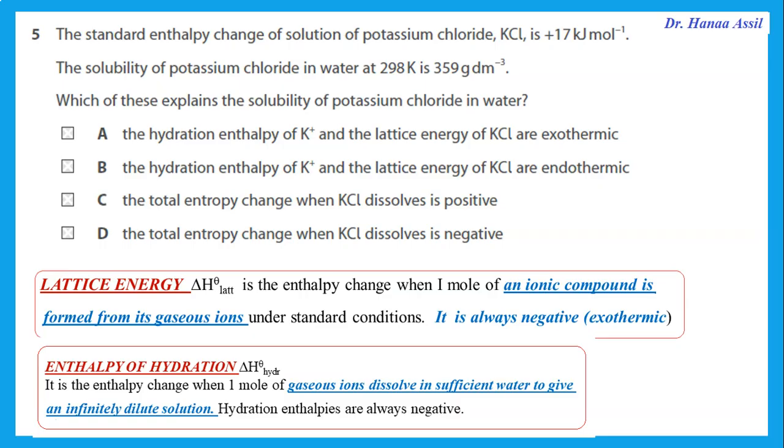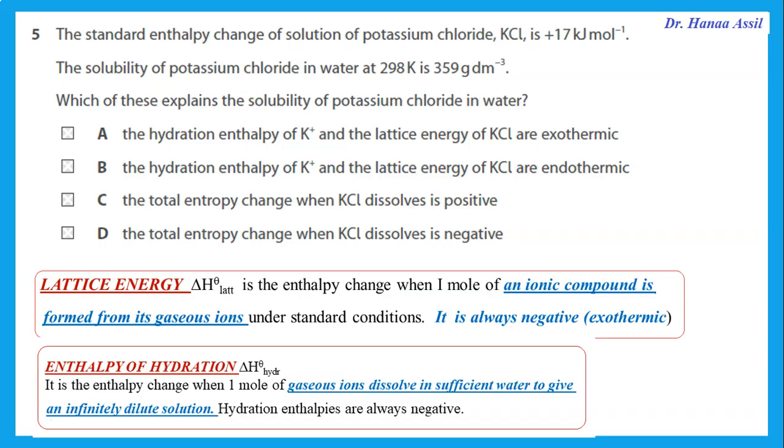So statement A is correct, but it doesn't explain, because this is correct for all ionic compounds. So why is it that potassium chloride is very soluble? This is not explained by A. B, of course, is wrong, because we said hydration enthalpy and lattice energy are always exo, not endo.